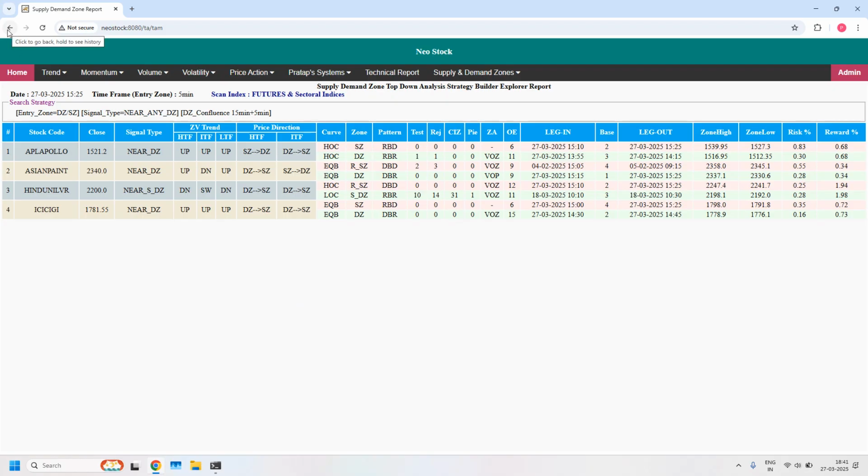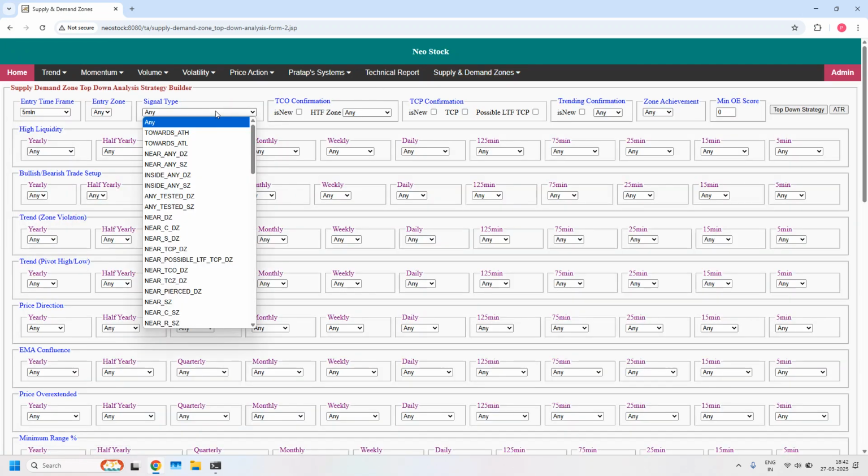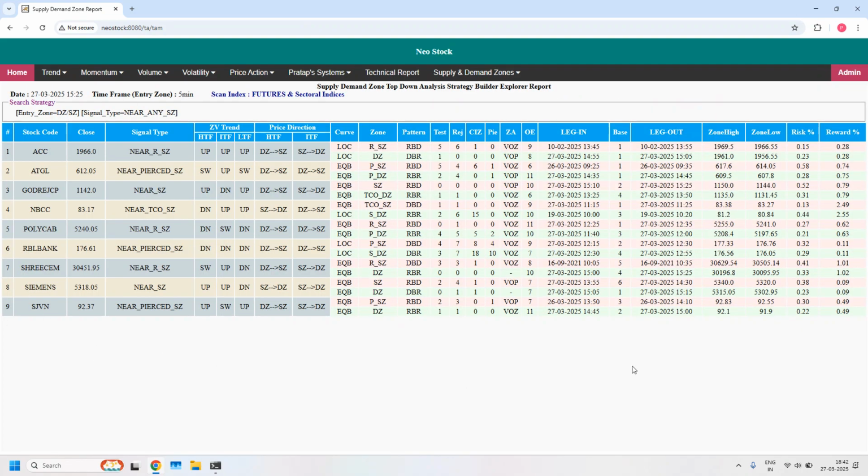Next, for 5 minutes time frame, stocks near 5 minutes supply zone. We got 9 stocks.